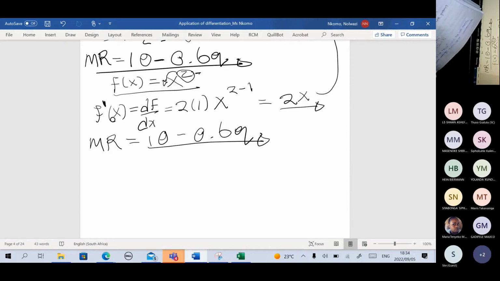From the marginal revenue, we can find what would be the next unit sold.